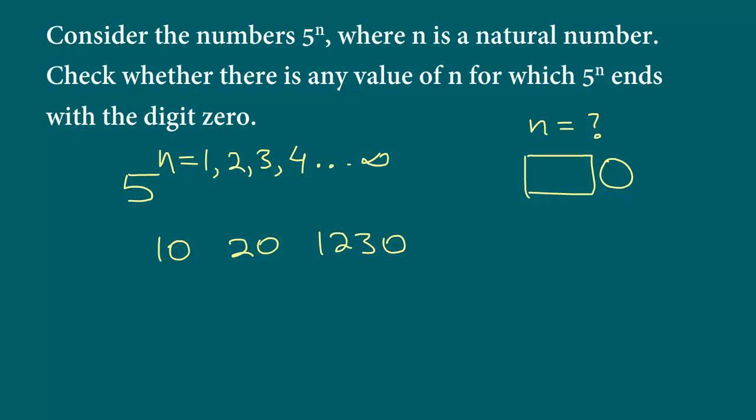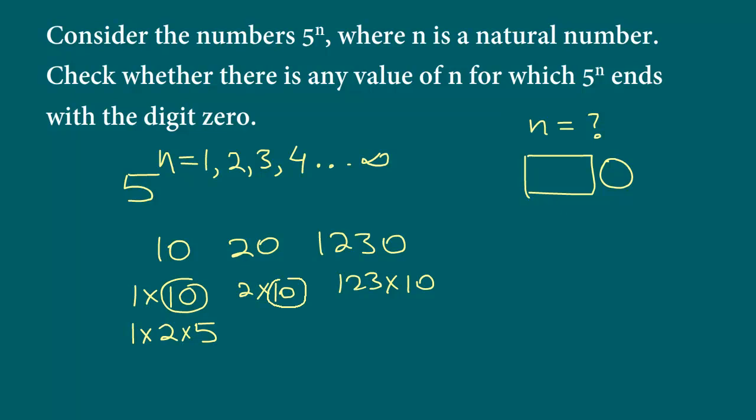So for each of these numbers, we can write 10 as 1 times 10, this we can write as 2 times 10, and this we can write as 1, 2, 3 times 10, right? And then the first one we can write as 1 times 2 times 5. And similarly here, we can break down the 10 as a factor of 2 and 5.